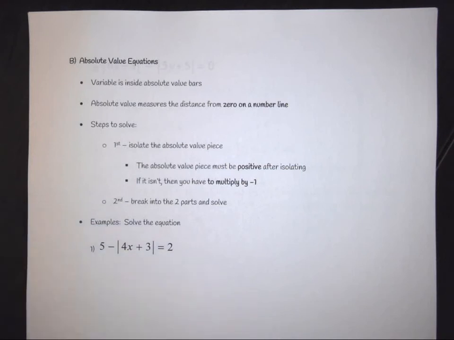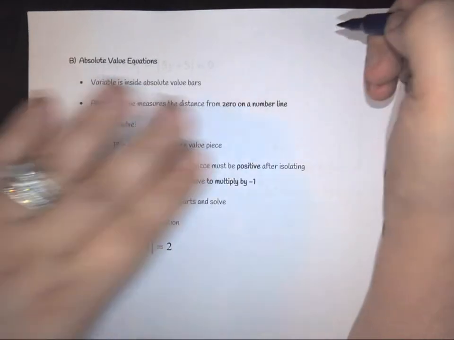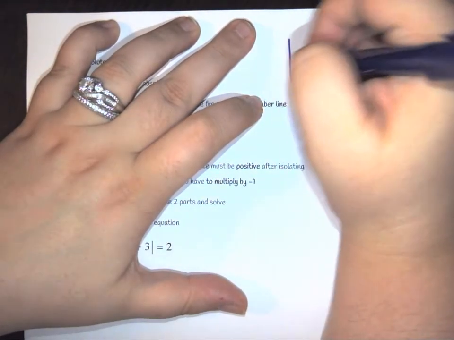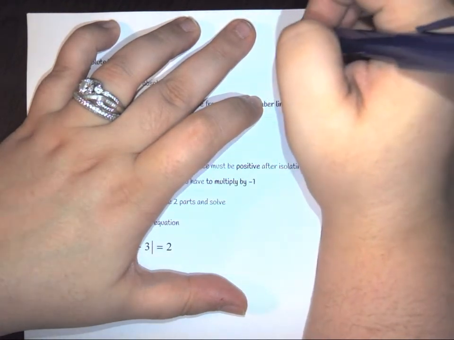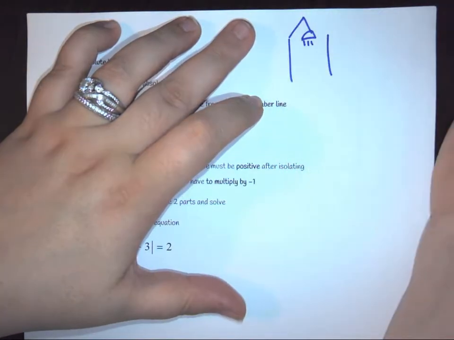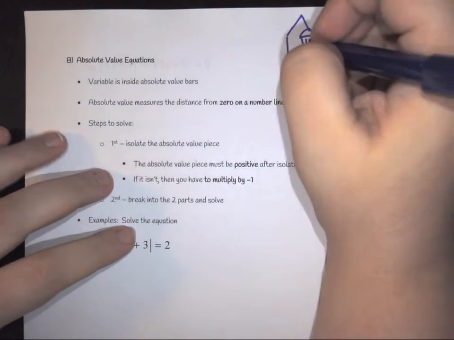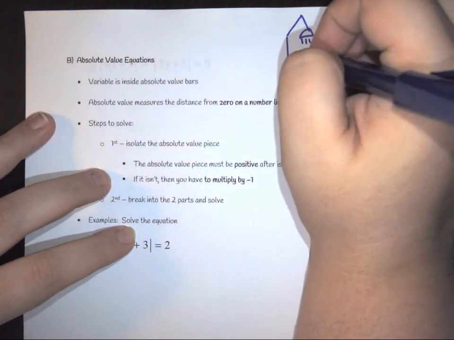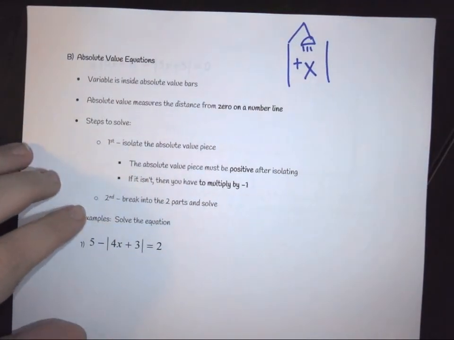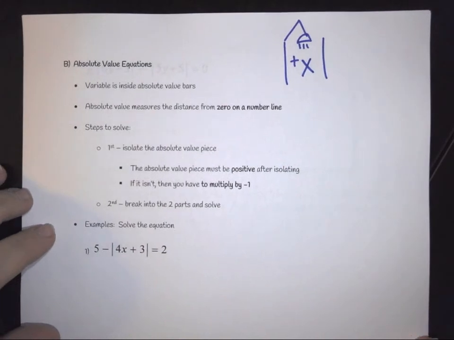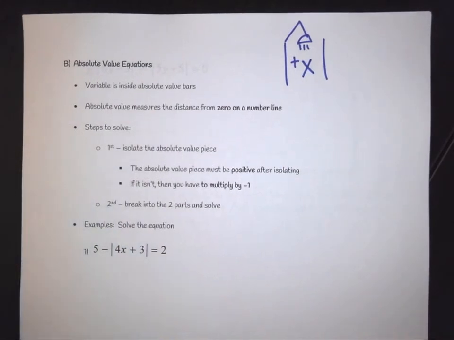And what he said is that an absolute value bar is kind of like a shower. So here we've got our lovely shower, and we've got a positive x inside. So an absolute value is like a shower. You get up in the morning, and the first thing you do after your alarm goes off is you're going to just jump in the shower because that's your routine.